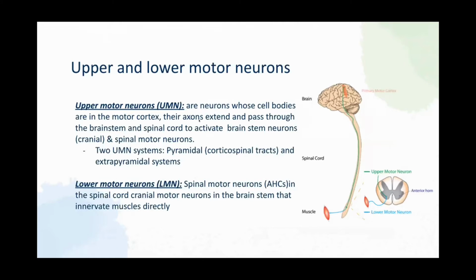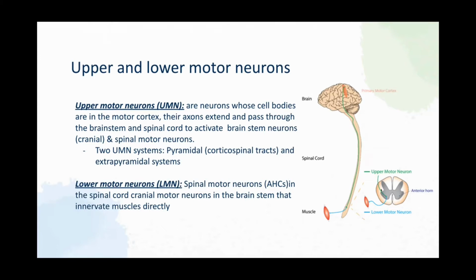Okay, we'll talk a bit about upper and lower motor neurons. In the CNS there is a whole lecture on it, so we're just going to briefly mention it. The upper motor neuron is a neuron whose cell body is in the motor cortex here, and it sends its axon down until the spinal cord. When the axons reach their destination in the spinal cord, they synapse with another neuron. This neuron is called the lower motor neuron, which is located in the anterior horn cell for the motor system.